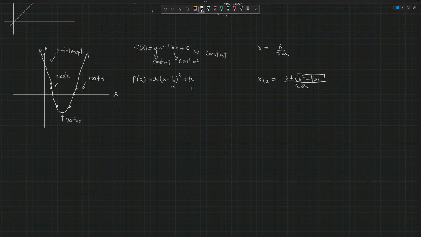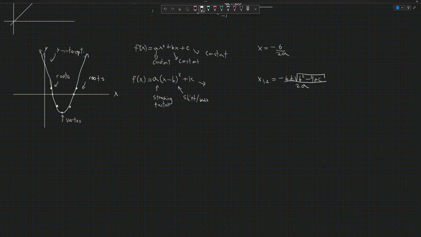Now, k here is essentially how high it is, and a is essentially the stretching factor. And this is essentially the shift, how much it's moving up or down. So it could be plus 3, it could be minus 3. And I'll do an example.